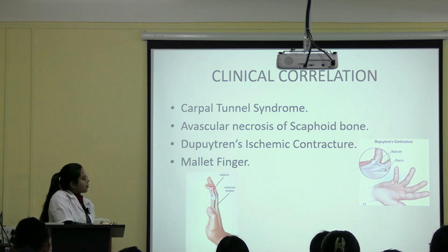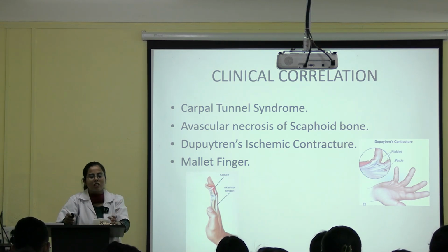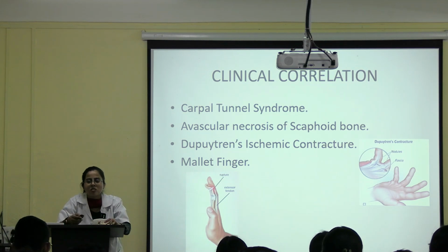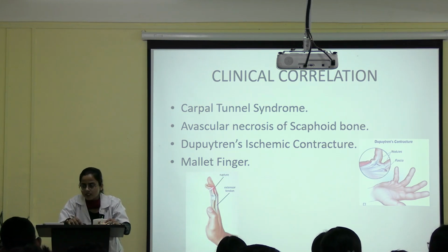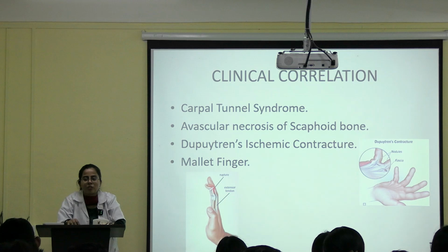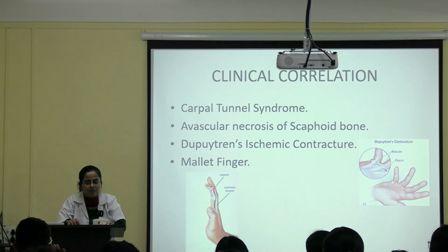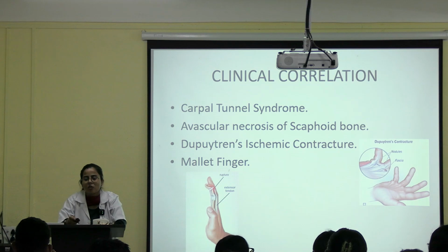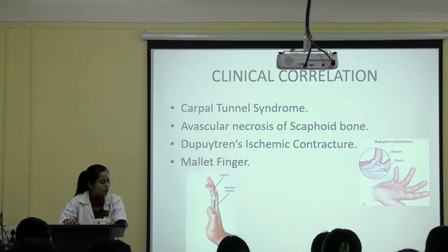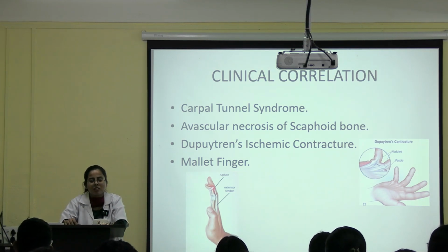Clear? So everyone got? Can you tell me again how many carpal bones are there? 8. What are the carpal bones in proximal row? Last bench, are you getting? Okay. What are the carpal bones in distal row?